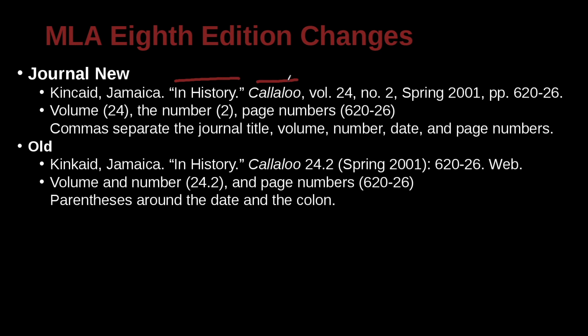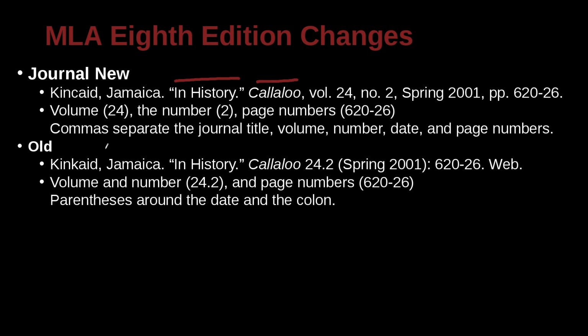This is, in this case, a journal. And then we have volume with VOL and number with NO. You write them out with commas. Spring 2001, pages, so from what page to what page. So in this case, volume 24 and number 2, and the page number 620 to 626.